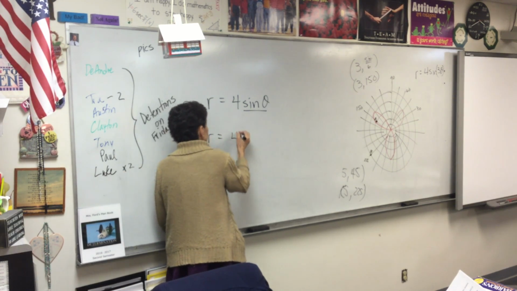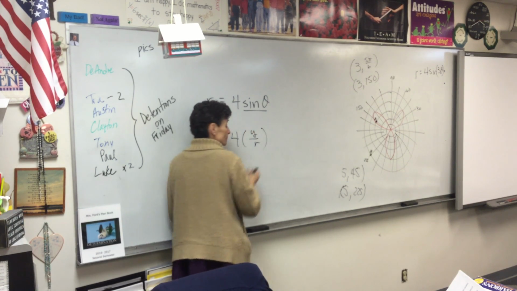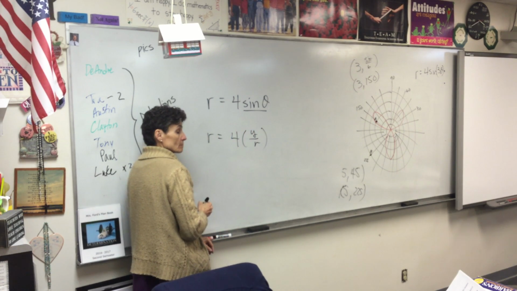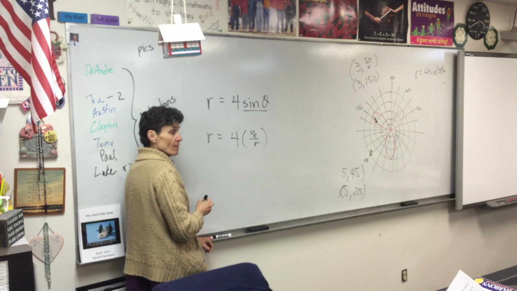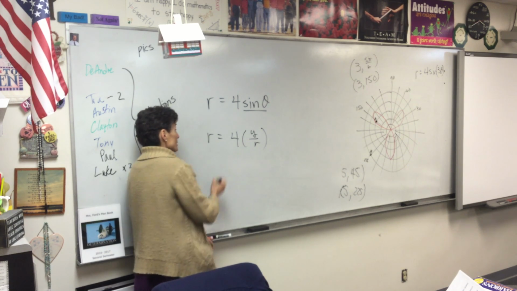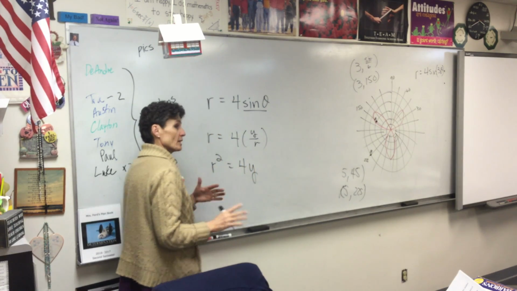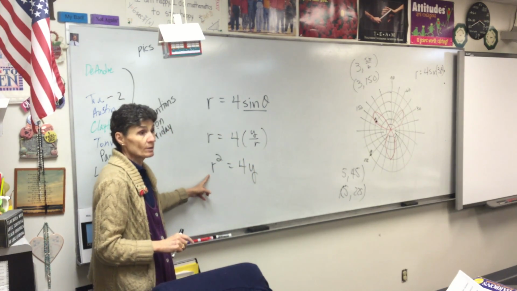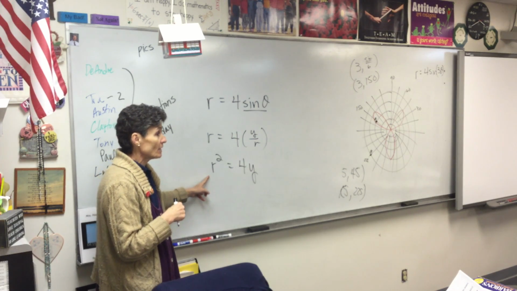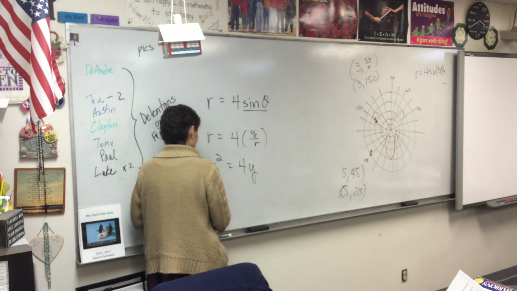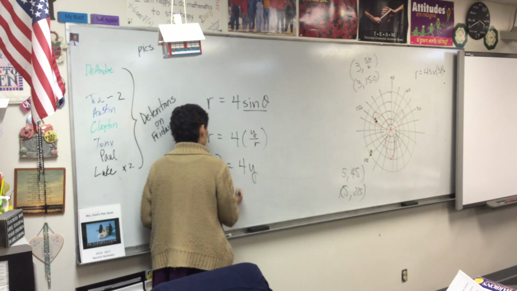So r equals 4 times y over r. Right? Then what? Times by r. And then this is where one of 2 things is going to happen. Either you're going to have an r squared, which is what we have. And what's r squared? x squared plus y squared.